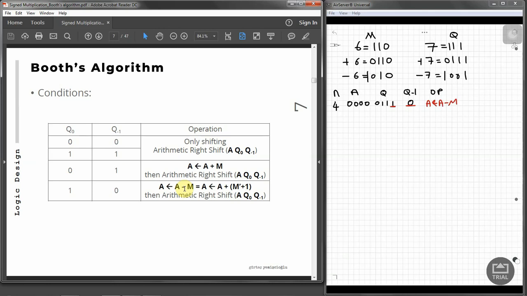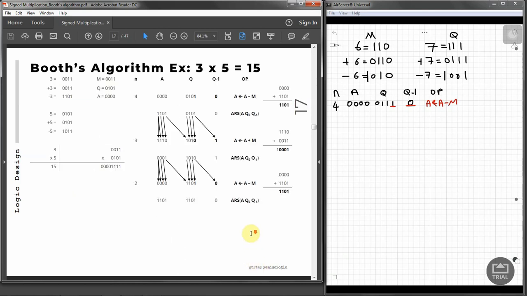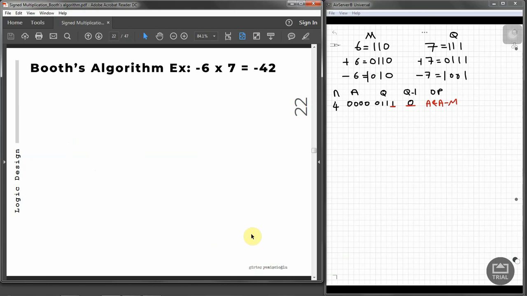Now, the important thing over here, our M has to be, if we go back to the example, what is asking to us, our M has to be minus 6. Okay, so M is not 6. M is minus 6. And 7 is our Q, because this is M times Q, which is equals to P. So that means our M is minus 6.